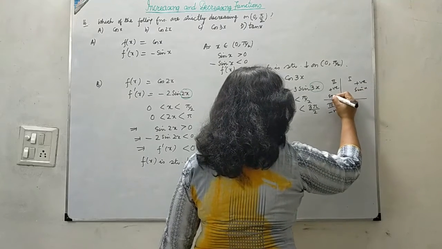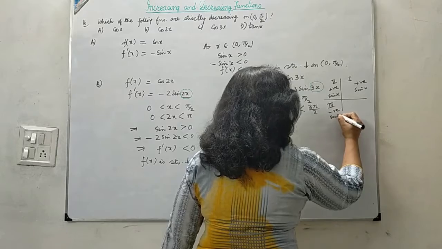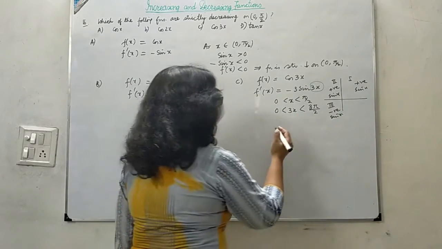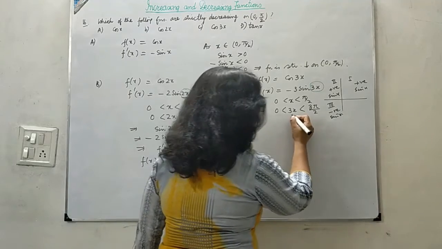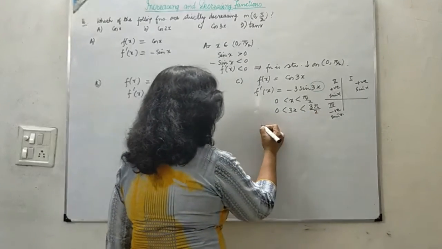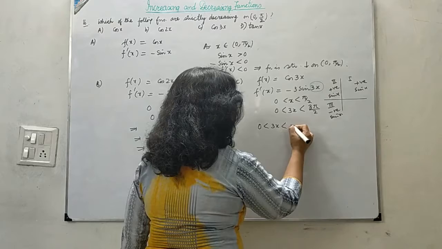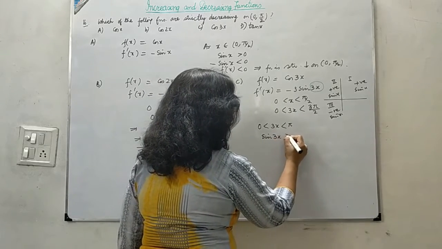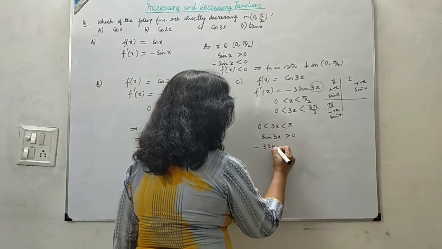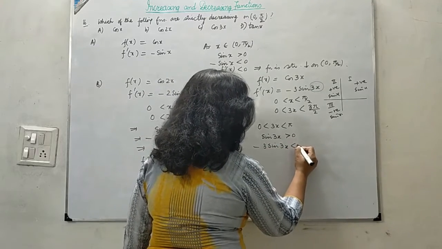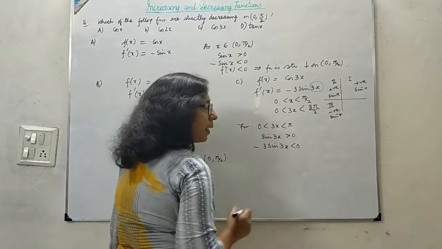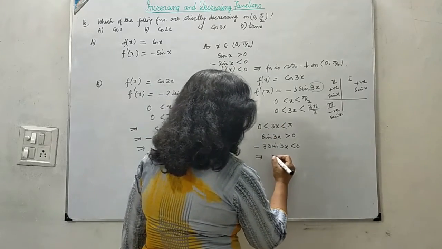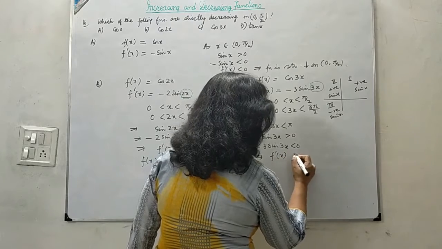So I have to break it into intervals. When 3x lies between 0 to pi, sin 3x is positive, then minus 3 sin 3x will be negative for x lying between 0 to pi by 3, and from here f dash x is negative.